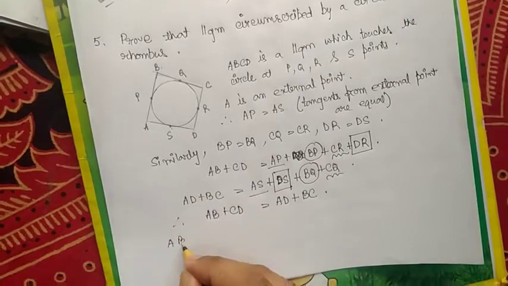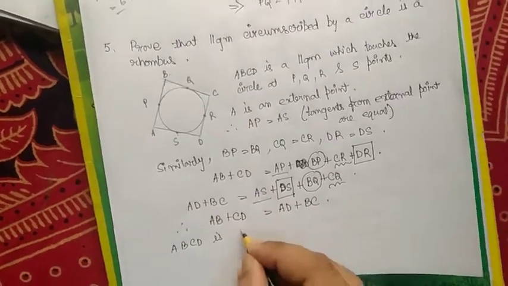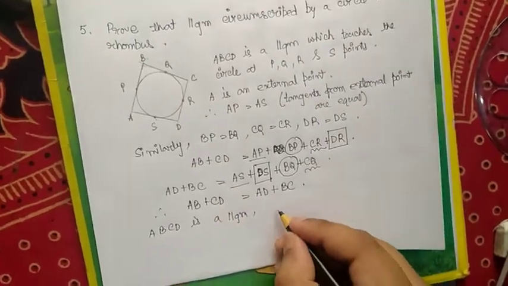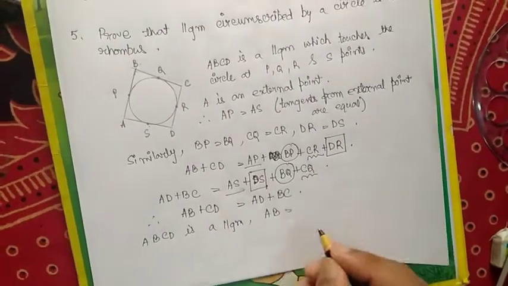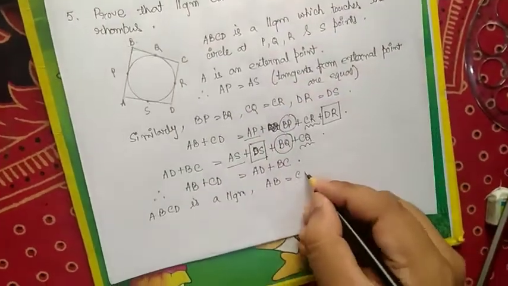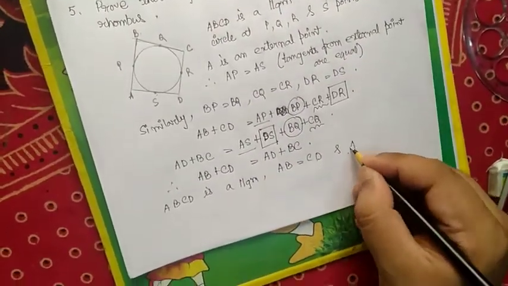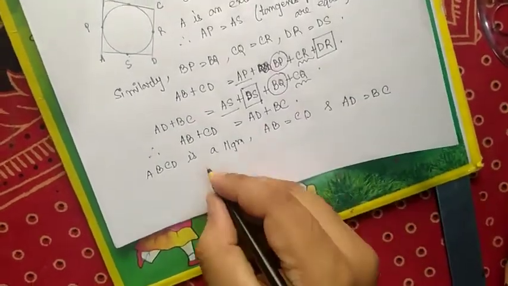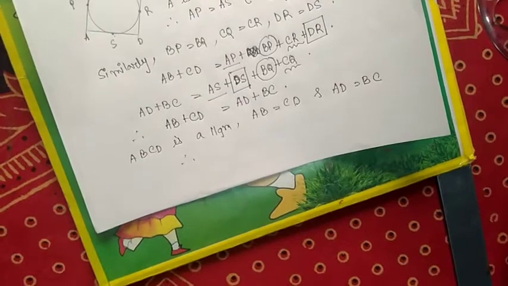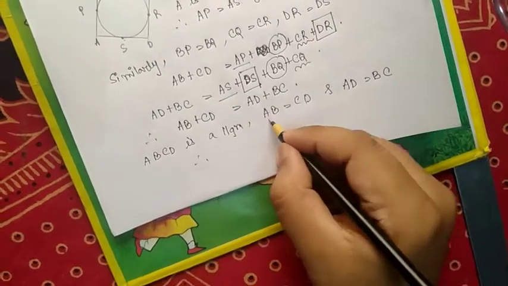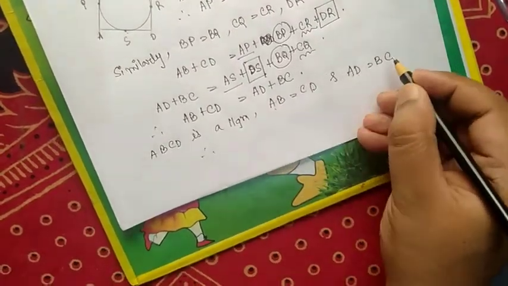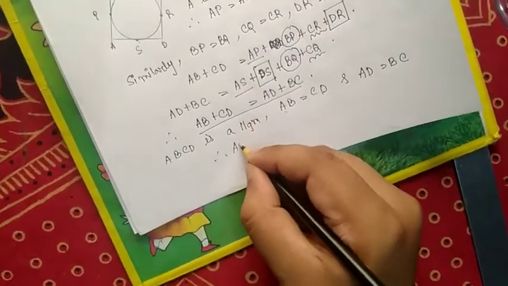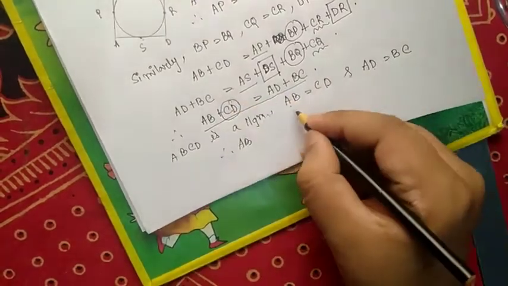Now ABCD is a parallelogram, so therefore we can say that AB equal to CD and AD equal to BC. So in the place of CD we can write AB.